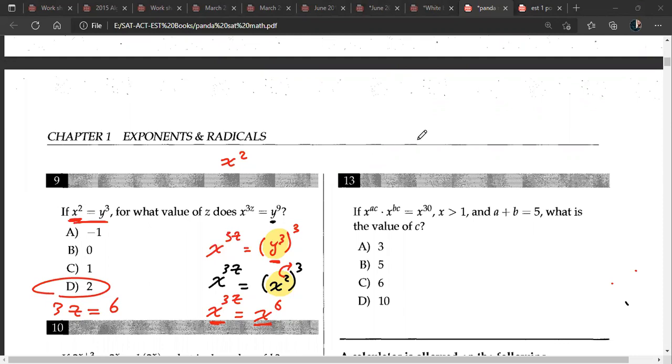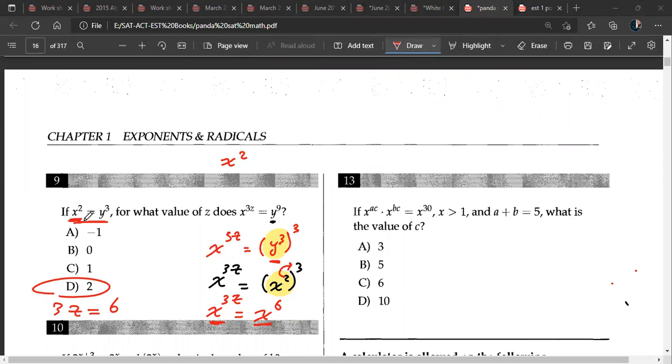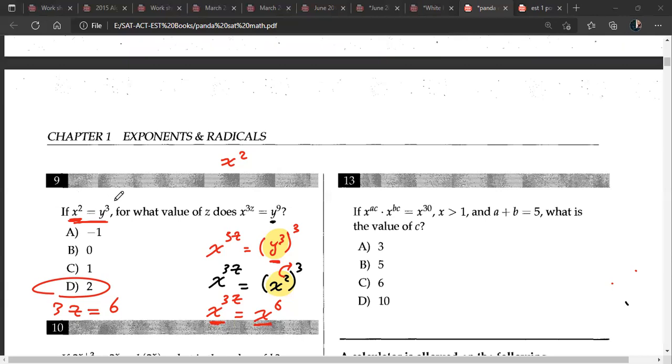How do we get it like this? 2 over 3 from the left one, yeah? From the left one. You divide 2 by 3, and the 3, you make it 3z over 9.